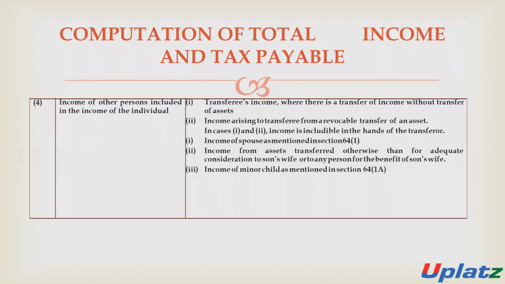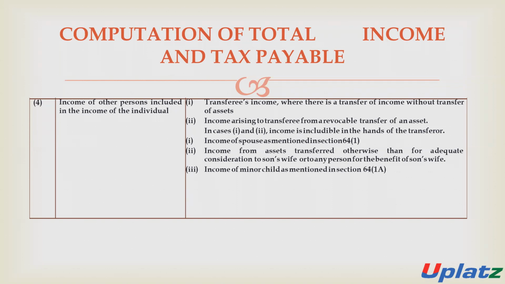Income of spouse mentioned in section 64 subsection 1. Income of spouse means, as per section 64(1), there is a spouse who is working in an organization in which her spouse has a substantial interest. His wife does not have any qualification for such a job, but she is earning money.